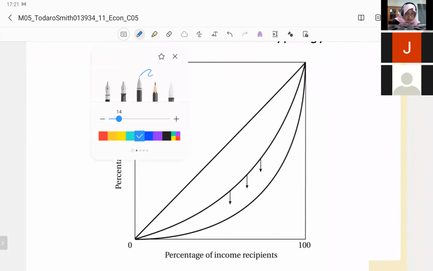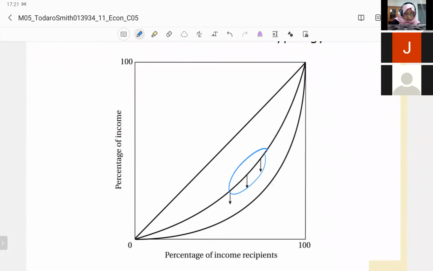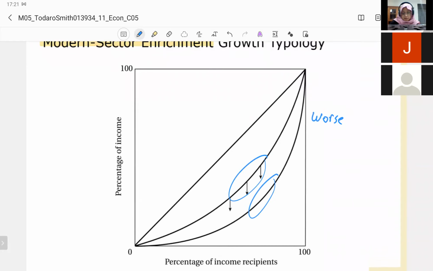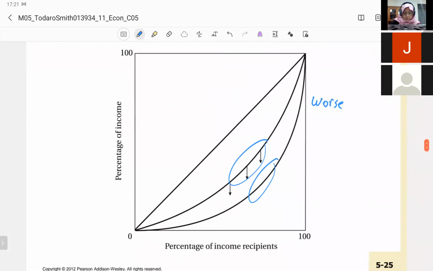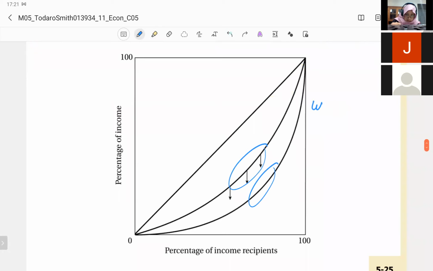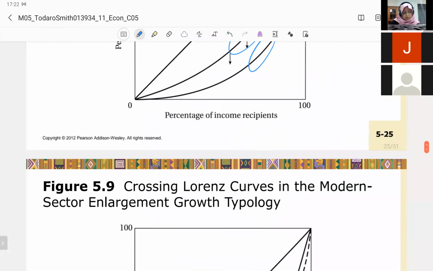The Lorenz curve is going to shift from here to here. They get even farther from the equality line. Okay, so this is worse. Oh, sorry, this is going to be less equal. So that's what's going to happen.